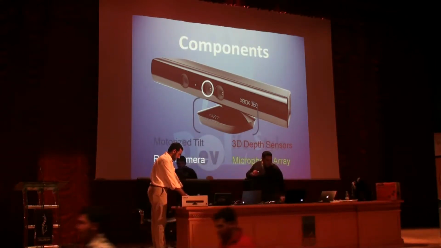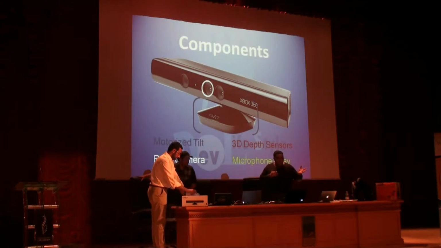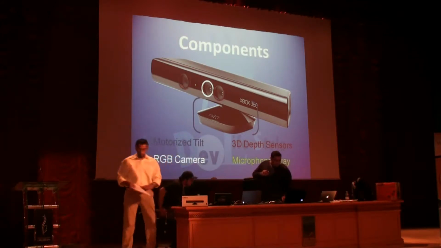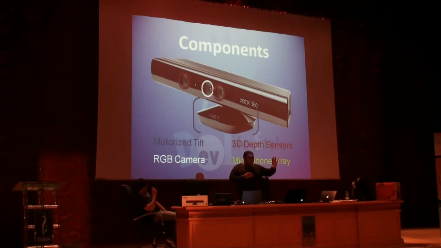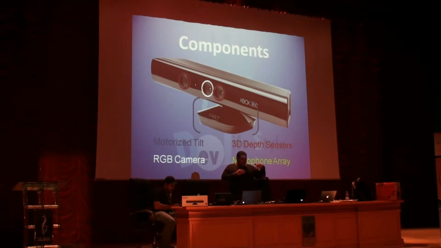So I have here an RGB camera, a normal VGA camera. And I have a 3D depth sensor, which is an IR light source and an IR camera, so an infrared camera that can detect the depth. It's using some algorithms embedded in the device.